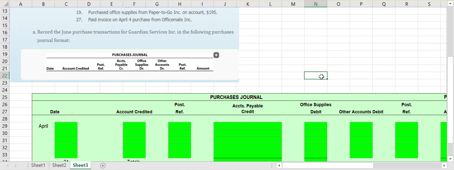So every one of them is always going to have a couple, at the very least, 1 or 2 special columns, and then everything else is going to fall into this other accounts column, meaning that we are purchasing something other than office supplies. We are purchasing something other than what we have specialized debit columns for. That's what we're talking about.